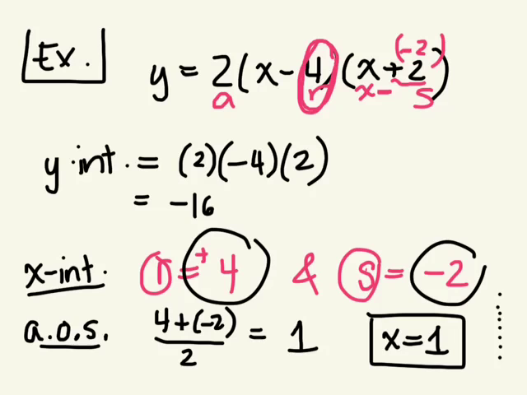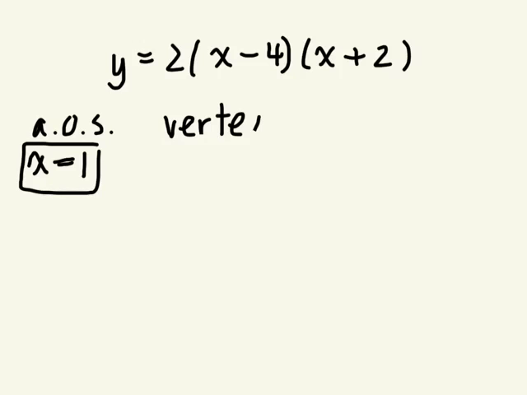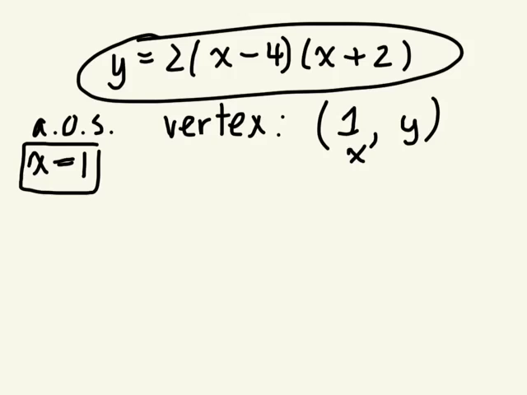So now if I ask you to find the vertex, can you? We know the axis of symmetry is x equals 1, and it runs through the vertex, which means the vertex will be located at 1 and something. Well, you have an x value, so plug it into your original equation and find the y value. When x is 1, what's y?